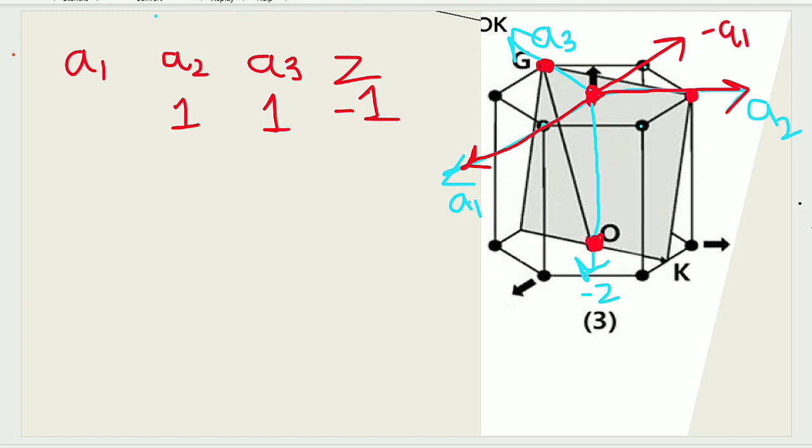You can see that the plane is touching here, so let me remove all of these lines so that we may focus. So this one was the negative A1 direction, and at this point the plane is touching the axis line.